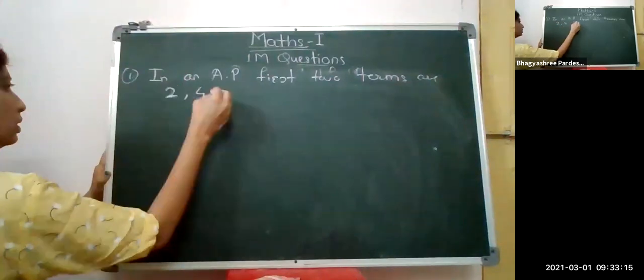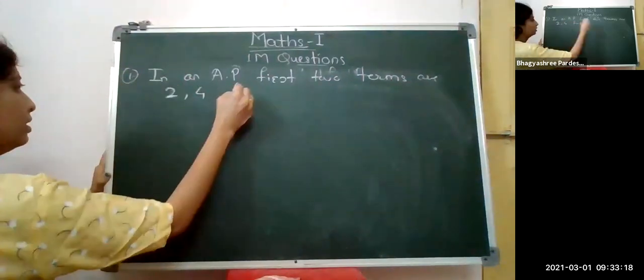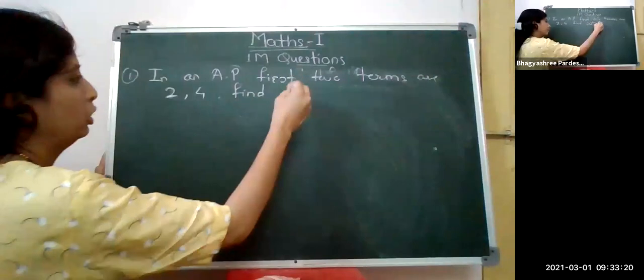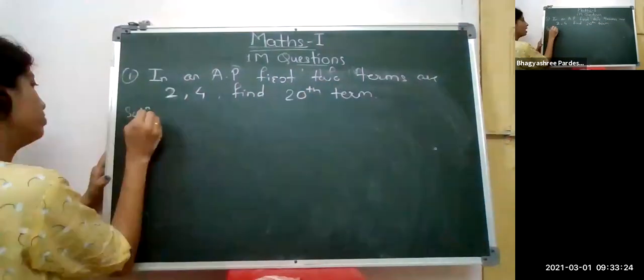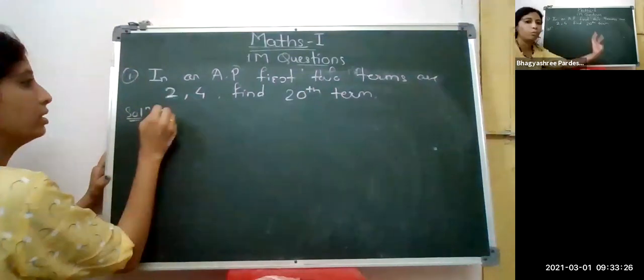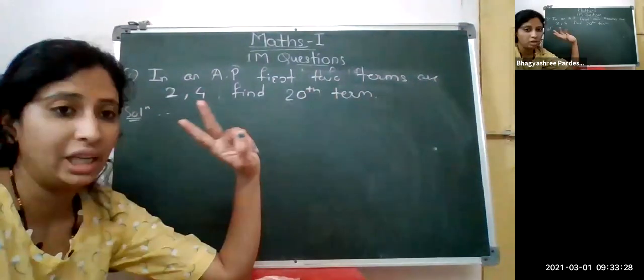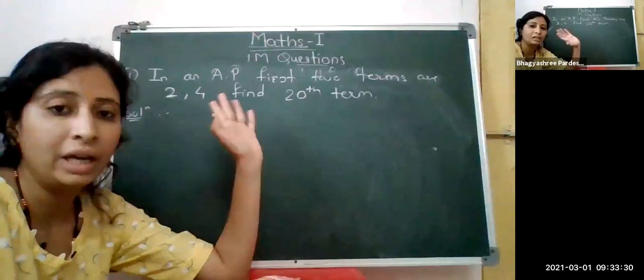Then find the 20th term. So this is one type of question which can be asked. The first two terms are given to us, and with the help of that we have to find the 20th term.